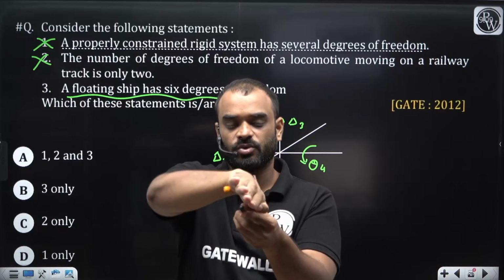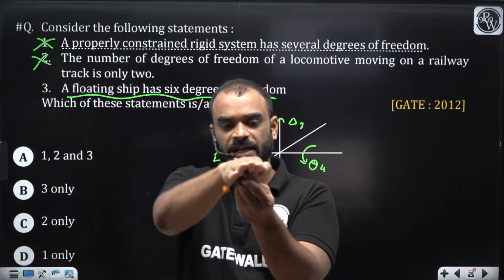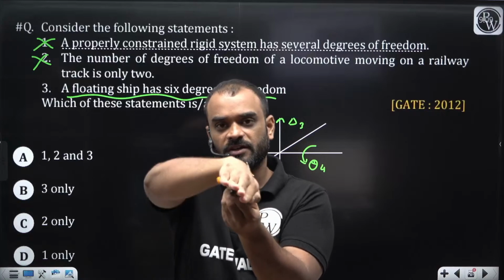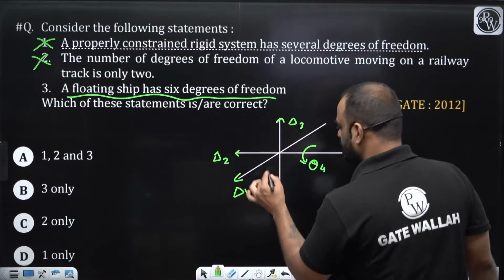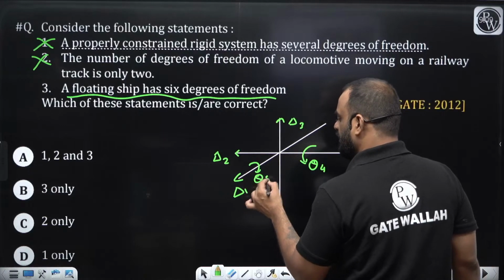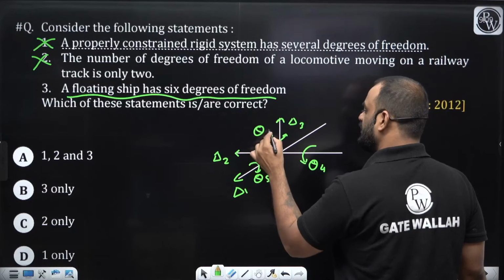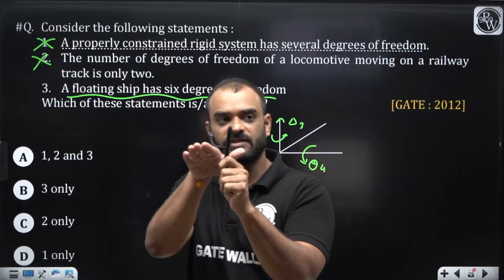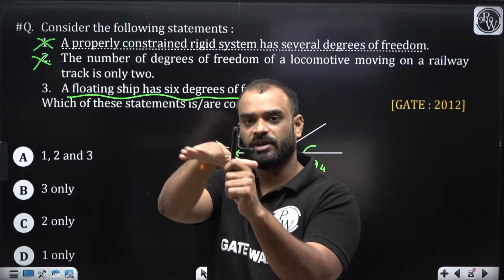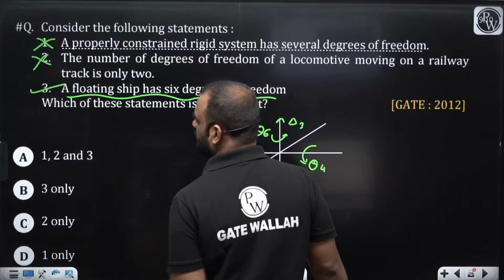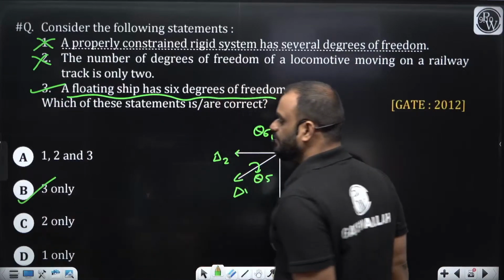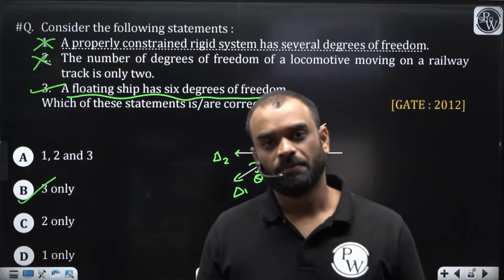And it is getting some rotation about this axis also, like this. So guys, this is theta 5 and this one is theta 6. If it is the vertical axis, your ship can rotate about it like this. So total 6 degrees of freedom for a floating ship. That means this statement is correct, and that's why B is the correct answer for this problem.